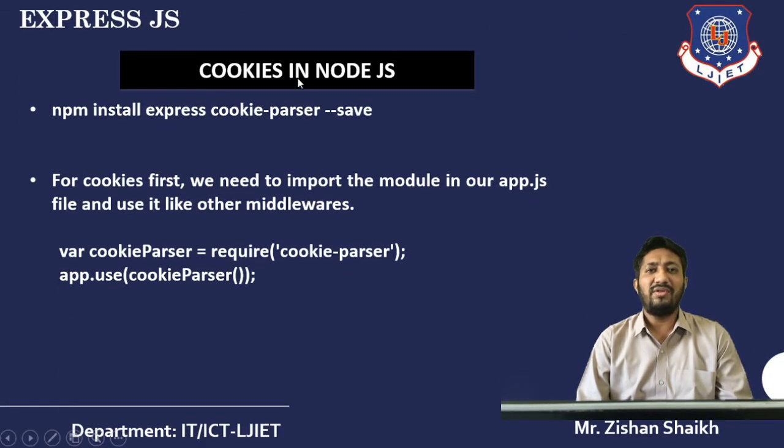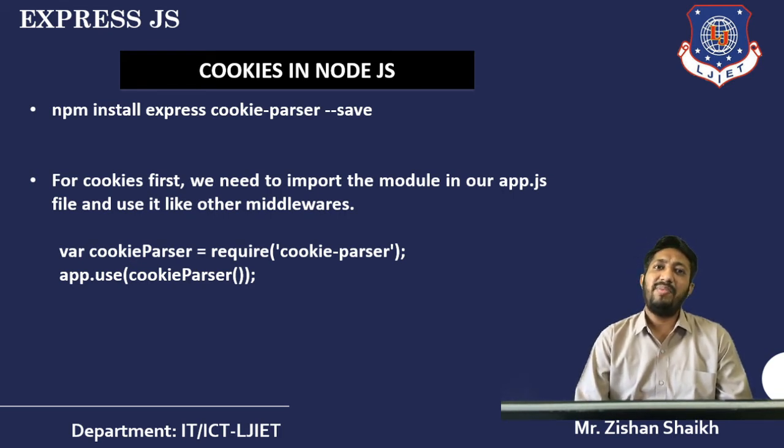For that, we first have to install it. For the installation we use npm install express cookie-parser with the --save flag. Using this line, we can set up the cookie-parser middleware to maintain cookies in your browser.